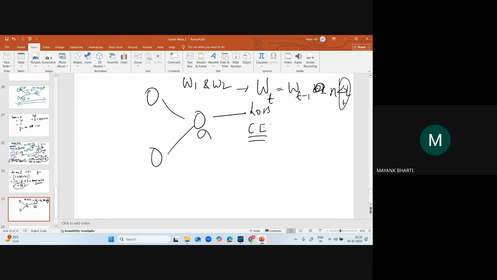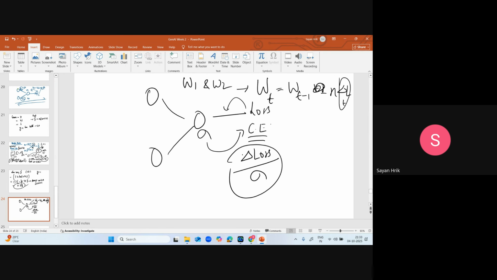Because the sigmoid function gave me a probability, and that probability gave me this loss. So simply I can say this loss depends on this sigmoid function, right? Because using the sigmoid function only I have reached this loss function. So basically I need to first compute the derivative of this loss function with respect to the sigmoid function.